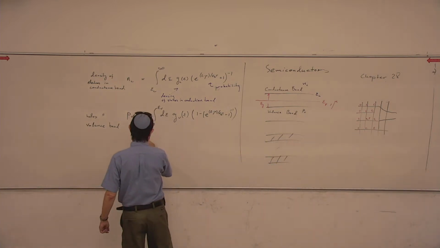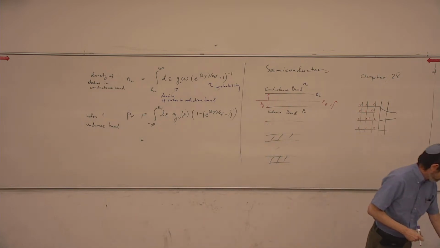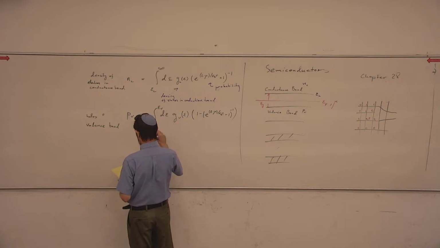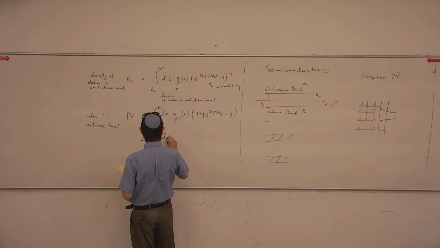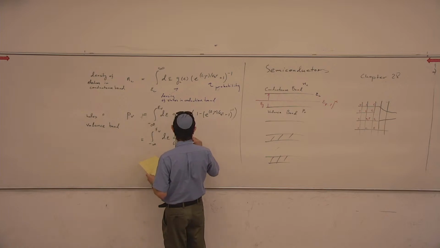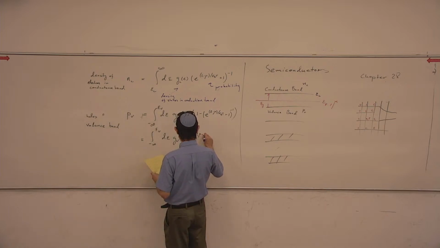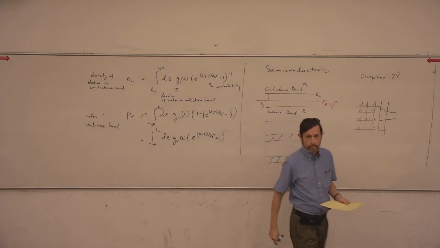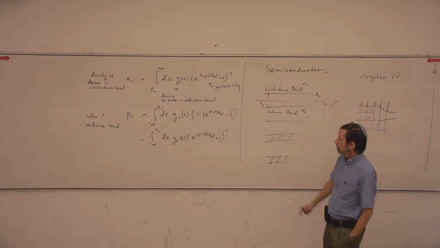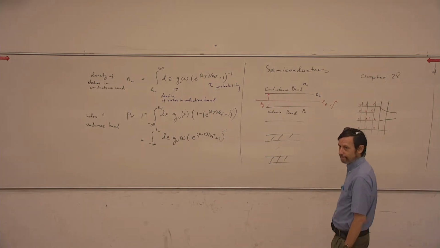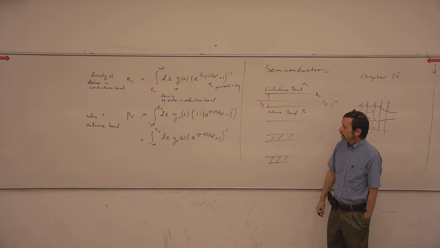Okay, so I can do here simple manipulation and get, just multiply this by this, and okay.